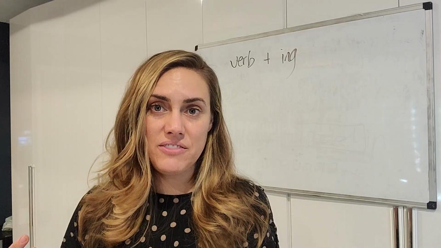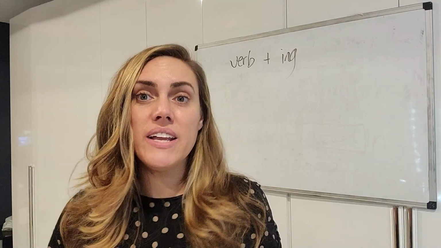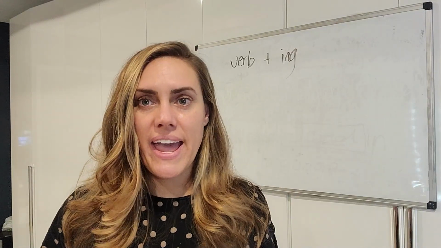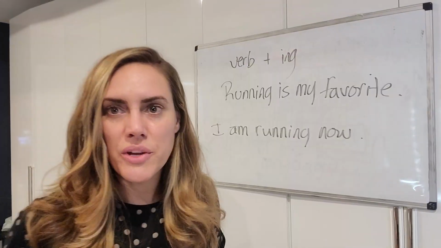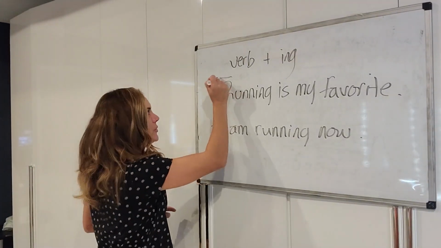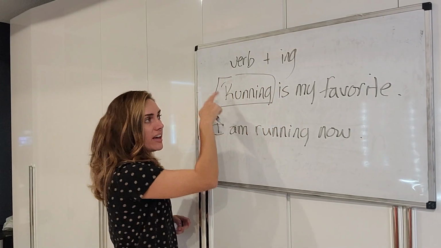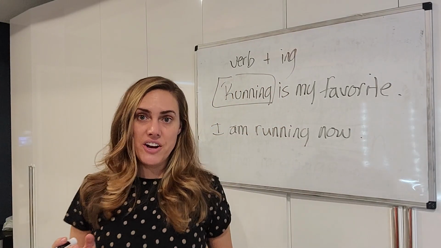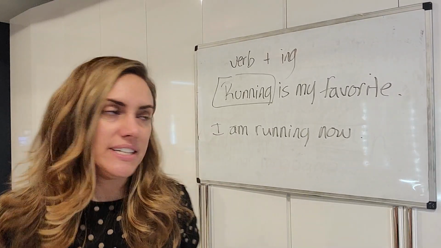They're an activity. Okay? So there's a difference between saying "running is my favorite sport" and "I am running right now." You see the difference? So here's what I'm talking about. Running, just verb plus ing, nothing else around it. This is a gerund. It's the subject of the sentence. It represents an activity.